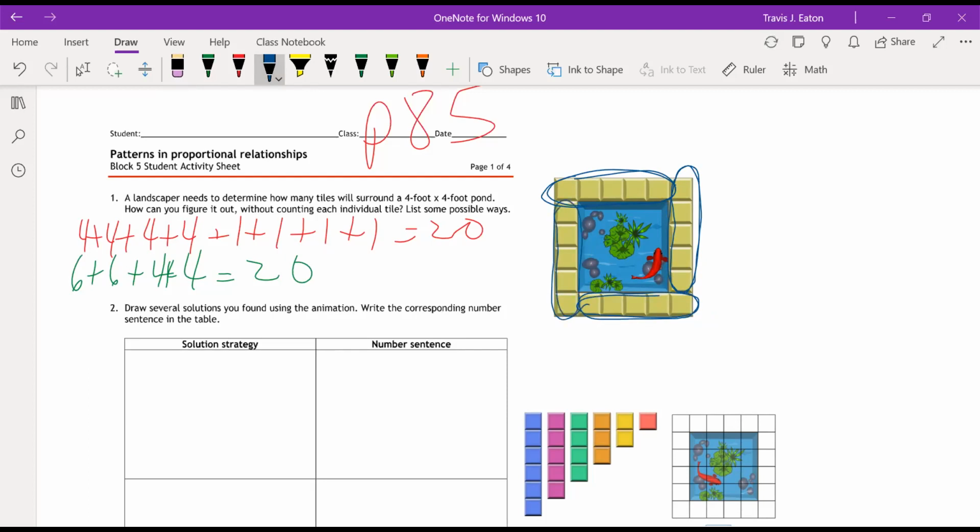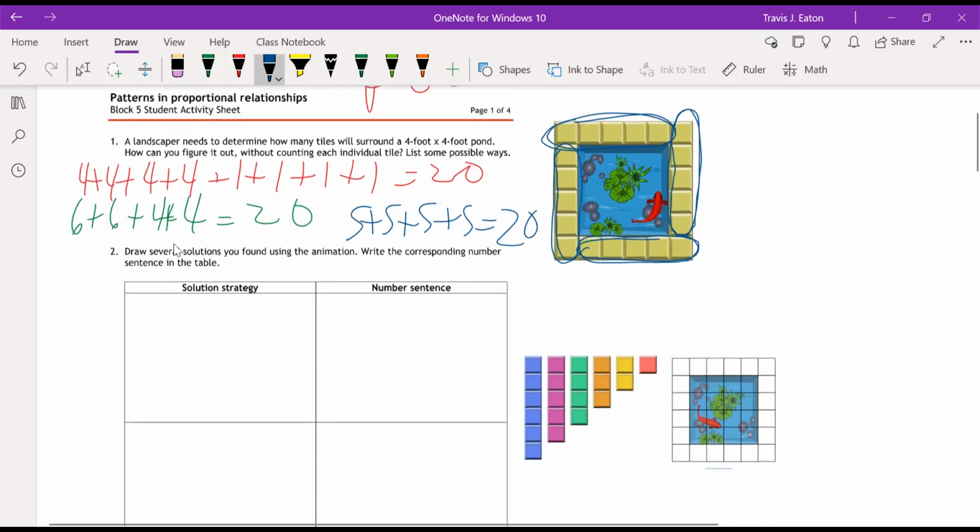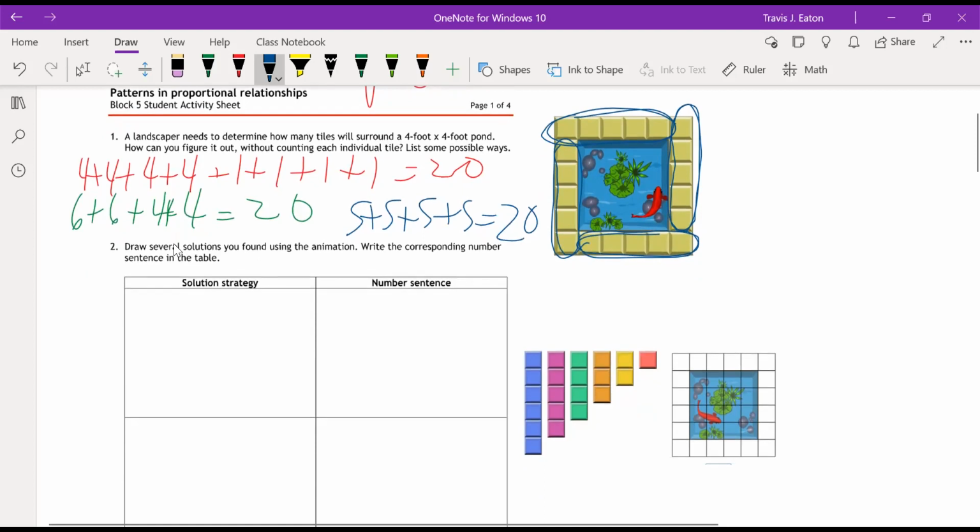And here's 5. That's pretty easy. 5 plus 5 plus 5 plus 5. And that equals 20. I know those look like S's, but they're 5s. Trust me. So that's yet another way to figure out without counting each individual tile, which, we all know, could be fun. It is sort of a waste of time.